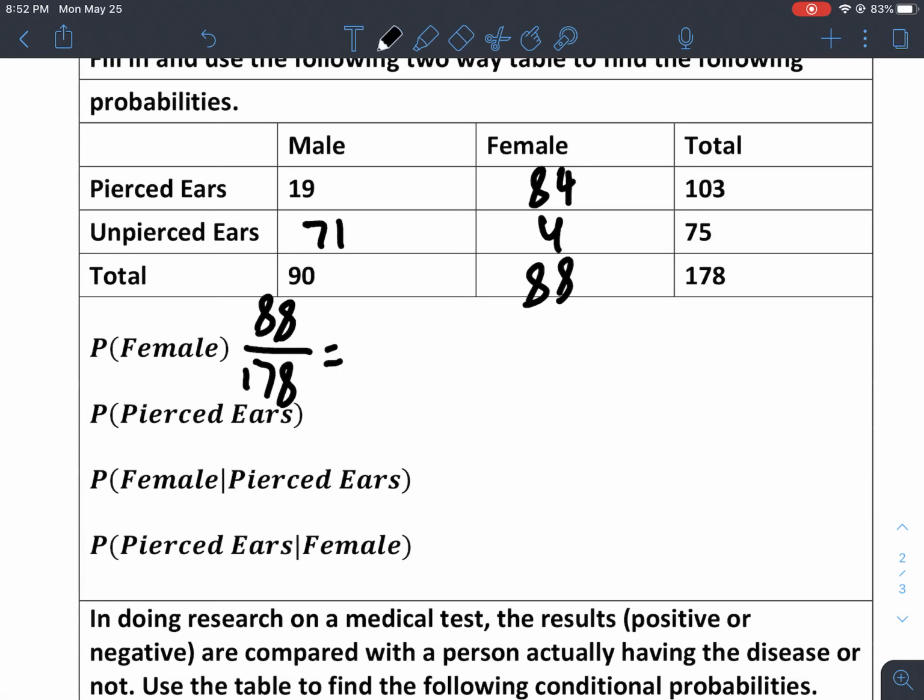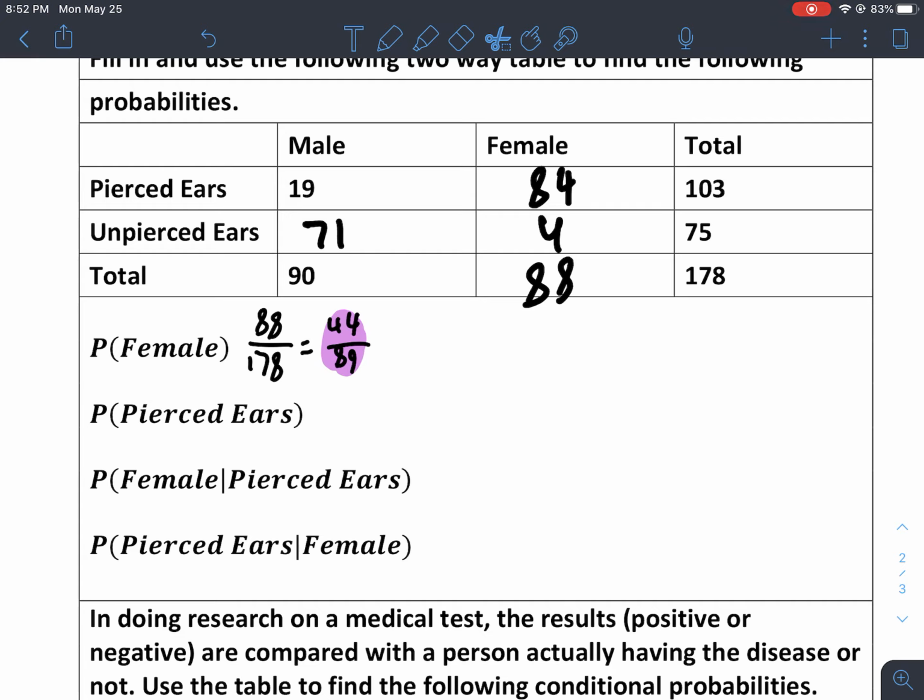And then from there, we simplify our fraction. I know I can divide by 2. 44 over 89, and I don't think I can really go any further than that. I think that's as simplified as it gets. Someone can correct me, though, if I'm wrong.